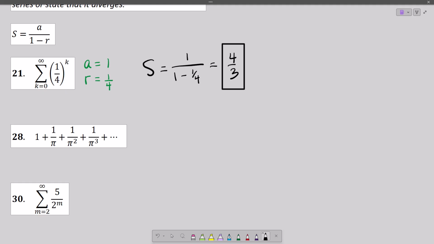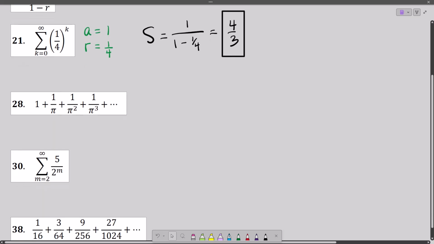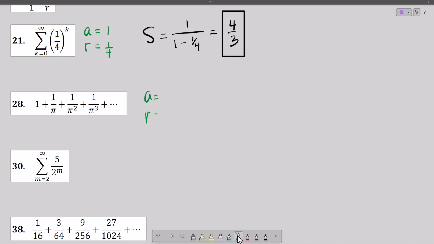All right. Let's take a look at this one. What is A and what is R? A is the first term, so you just look at it. If it's expanded, or if it's not expanded, you plug in that first index value and figure out what you're going to get. And then R is the common multiplier. It tells you how to get to the next term.